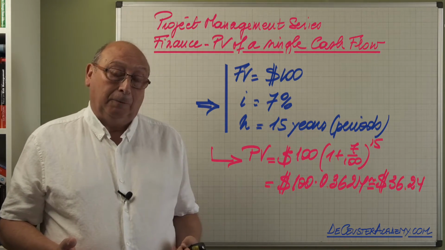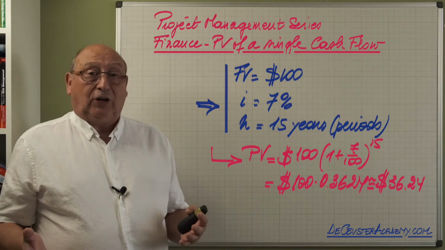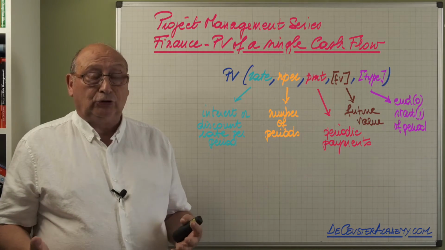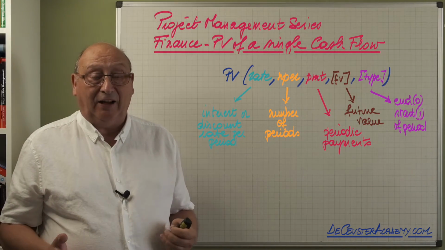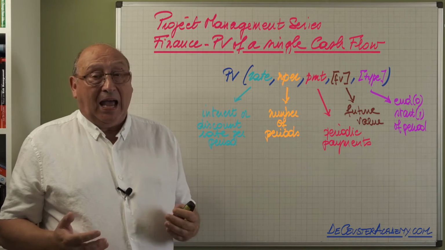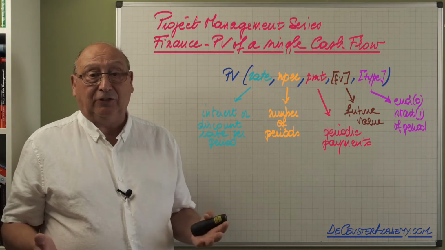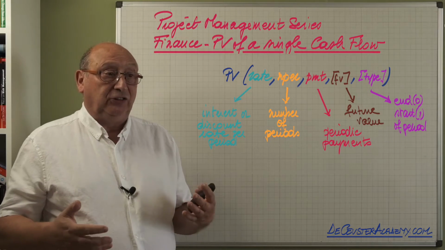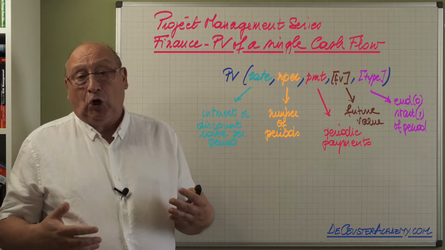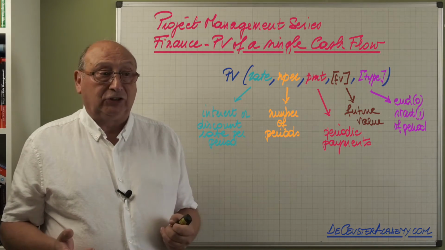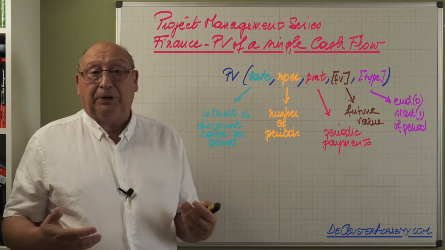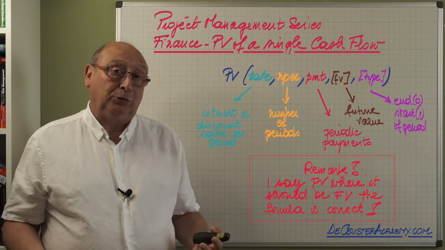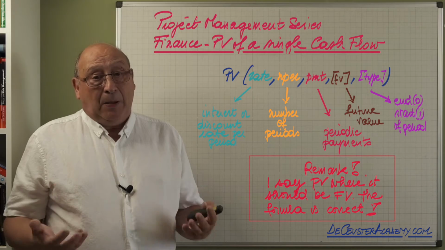We can also calculate the present value using the formulas in Excel. Here we have the present value formula with coefficients: the rate, the interest rate that we have, and the number of periods that we consider. PMT are the periodic payments, in case we have periodic payments.